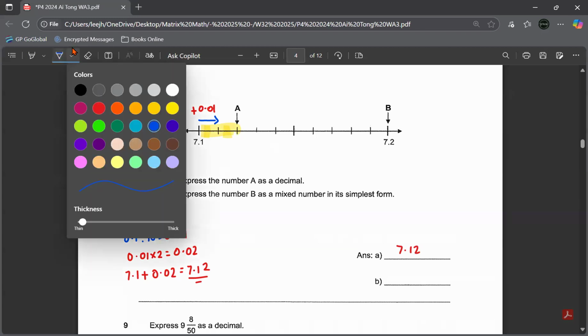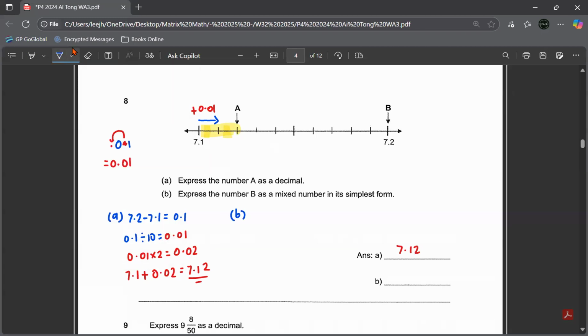Okay. Now B, express the number B as a mixed number in the simplest form. So B, you know that it is already 7.2. In other words, I'm going to express 7.2 as a mixed number, in the simplest form. It will be 7 wholes, because 7.2 is 2 over 10.